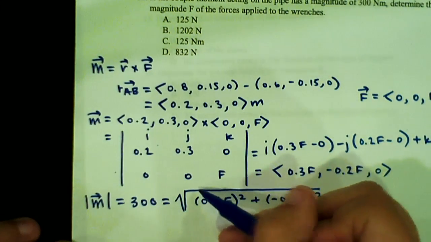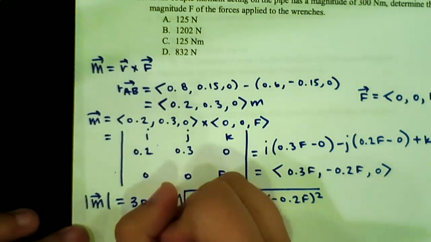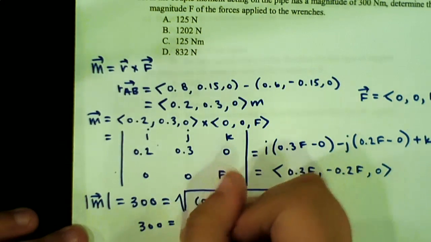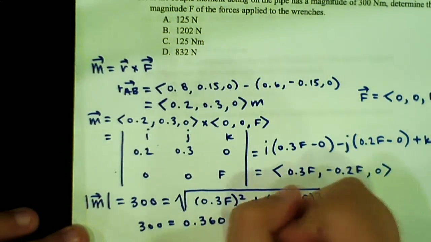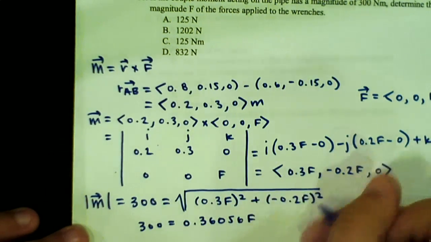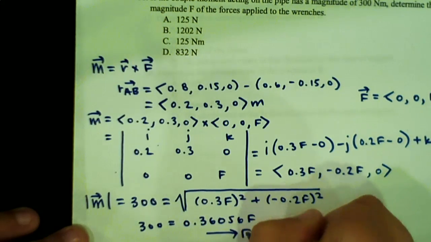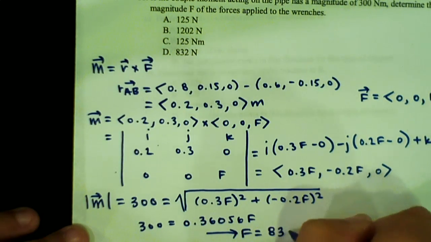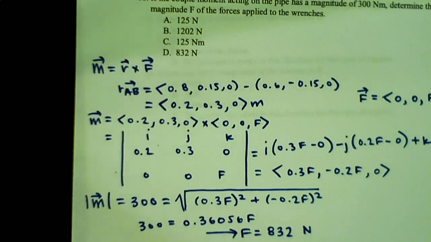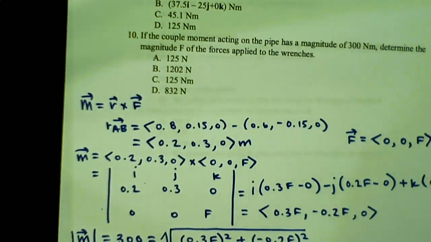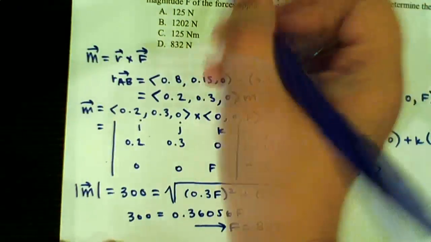After you simplify, you'll have 300 is equal to 0.36056 F, in which case you find that F is equal to 832 newtons. Does that make sense? So if we look at 10, we found that our F equals 832, so our answer would be D.